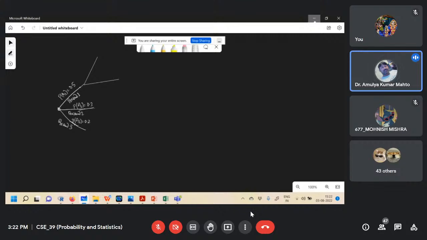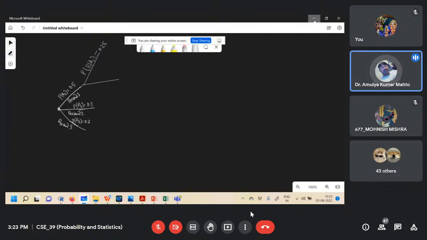So for brand 1, can I write the probability that it requires repair and it is of brand 1? What is this value? 25%? Yes, sir.